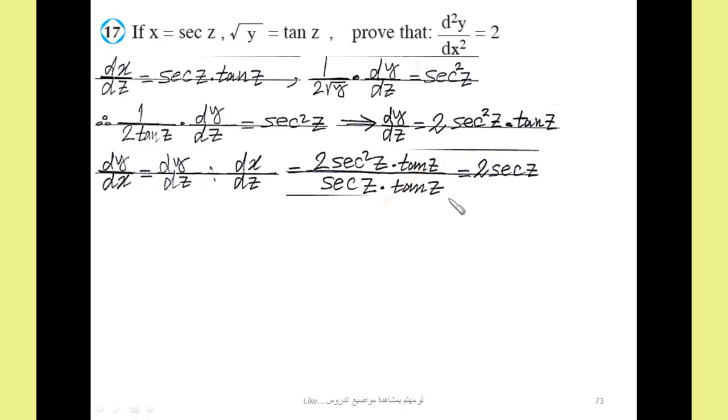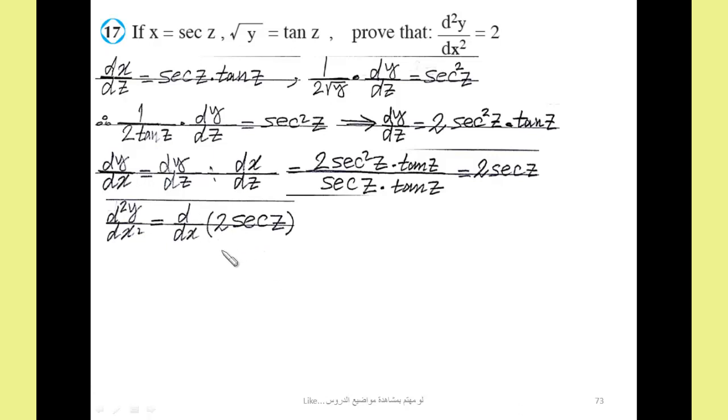After simplifying, tan z with tan z, sec² over sec equals sec z, multiplied by 2. So dy/dx equals 2 sec z. d²y/dx² equals d/dx of 2 sec z; 2 sec z is dy/dx. The second derivative will be d/dx of 2 sec z.